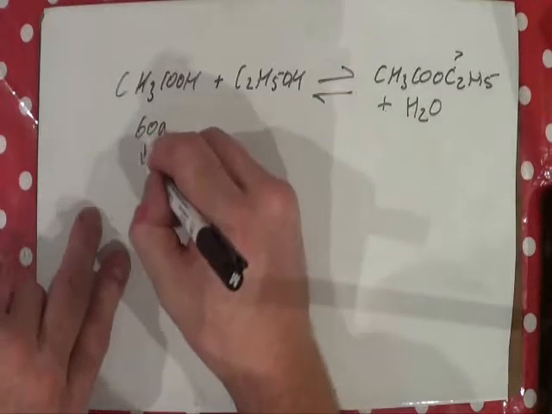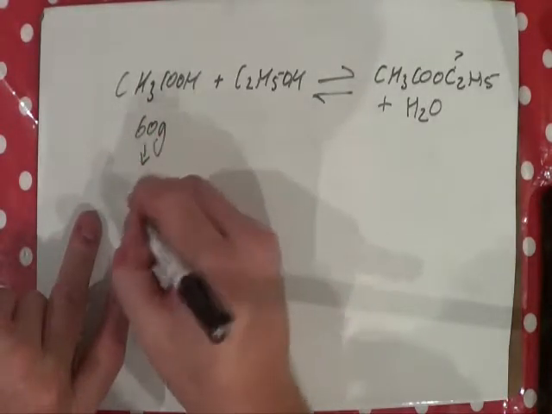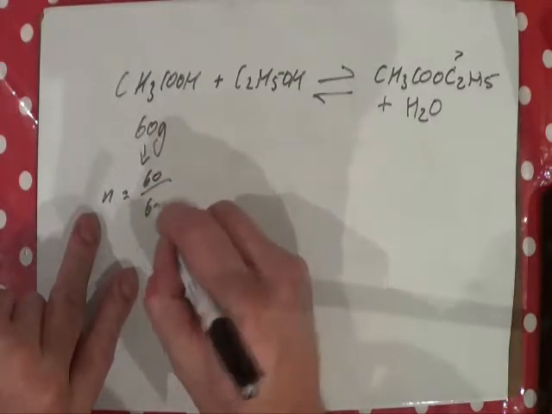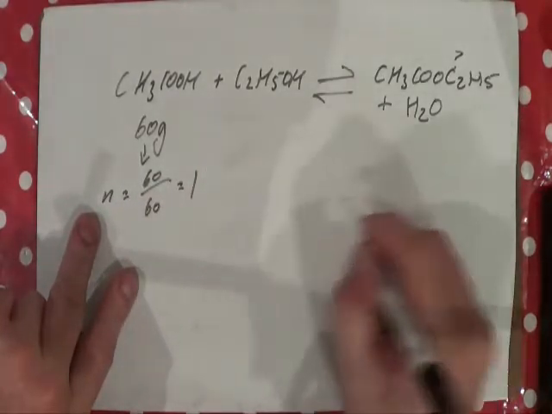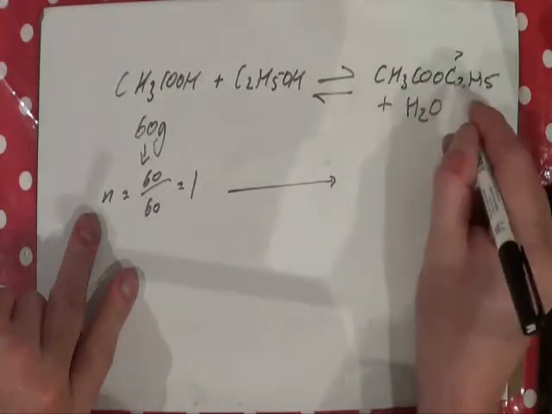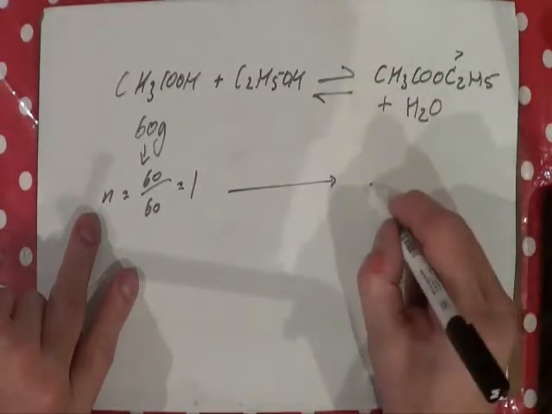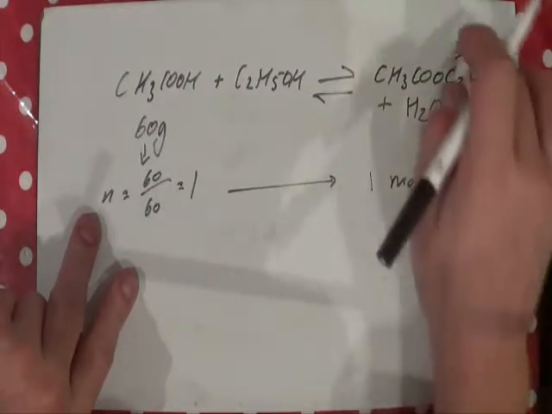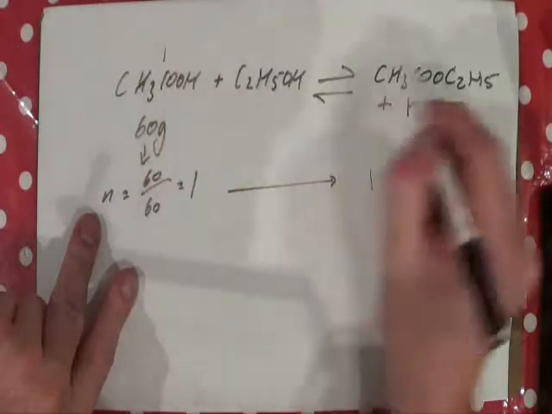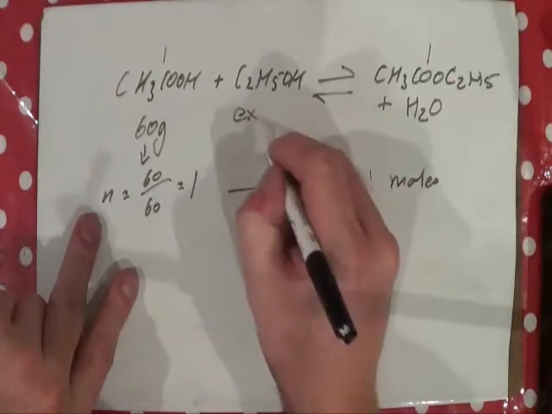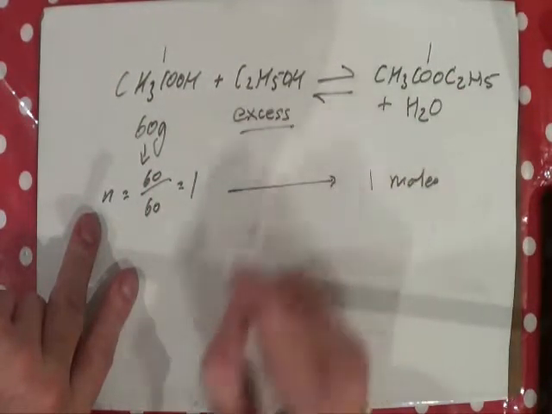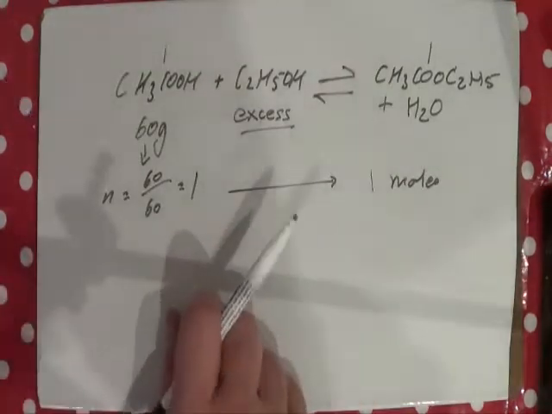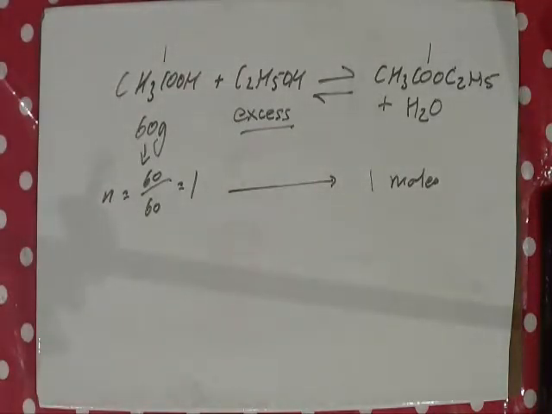Well, 1 mole of this is 60 grams, so number of moles is equal to mass, which is 60 divided by that. So I'm starting off with 1 mole of that. So therefore, I would expect to make exactly 1 mole of what we call ethyl ethanoate, because the ratio here is 1 to 1. We'll assume that this is in excess, and therefore does not affect the actual quantity that we would make.